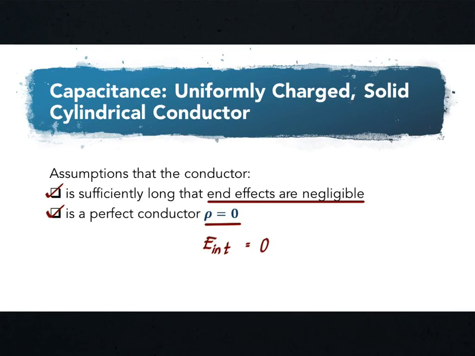But in this case, for the capacitance of transmission lines, because we are assuming that it is a perfect conductor, the internal electric field is now 0. So our focus now will be the electric field that is outside the conductor. I hope that's clear.